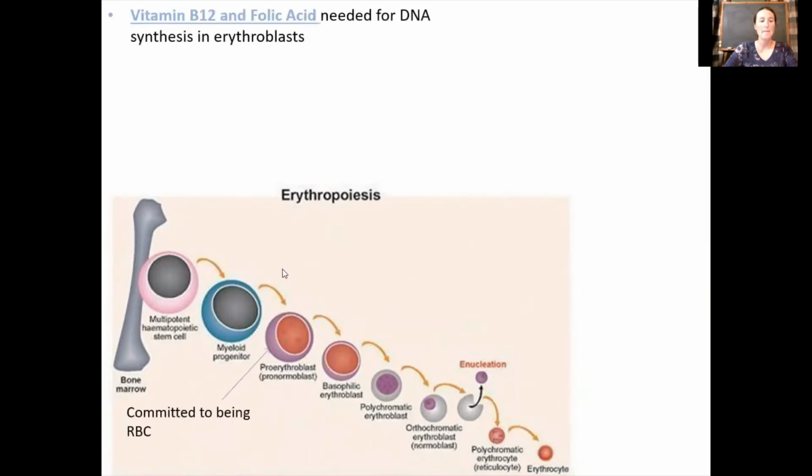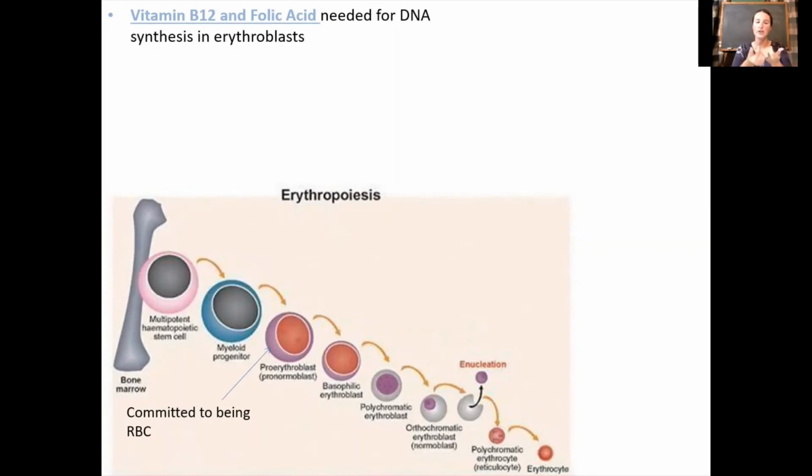Okay, given EPO, the daughter cells of these hematopoietic stem cells are going to differentiate into myeloid progenitor cells. From there, EPO is going to further commit these daughter cells to becoming a red blood cell. And again, this differentiation process only moves forward, never backward.